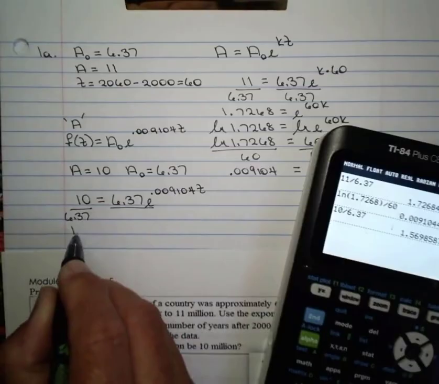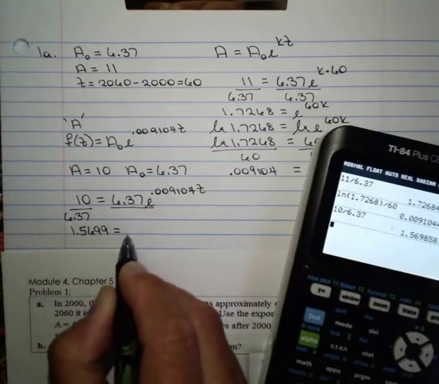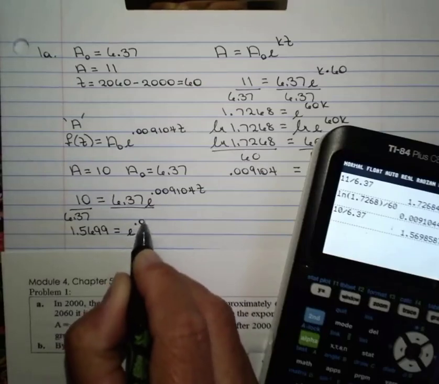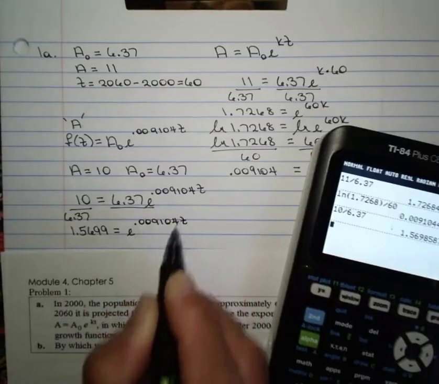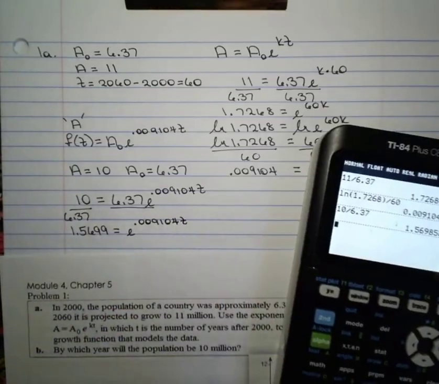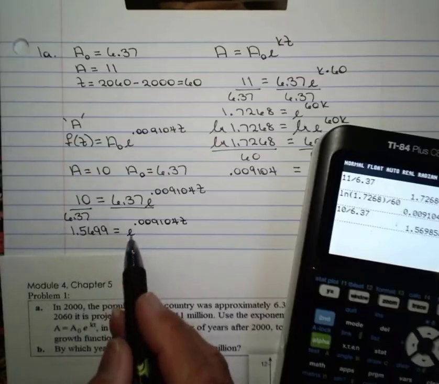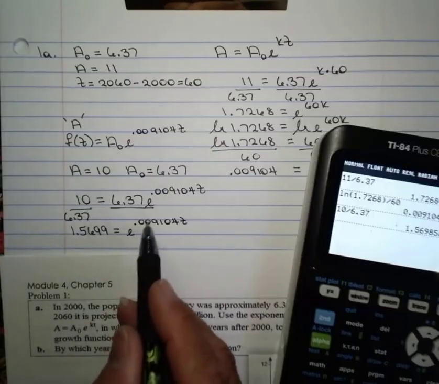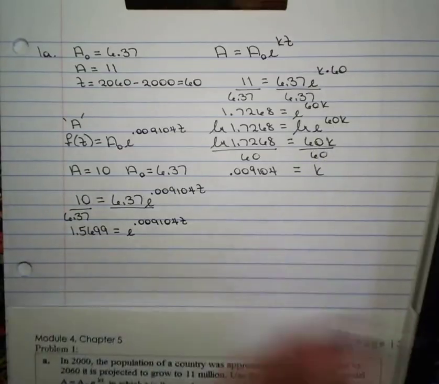So I've got 1.5699, and that's equal to e to the power of 0.009104 times time, the number of years. Only way to solve this is to take the log of both sides. And I'm going to use the natural log since my exponent is being raised from the power of e, right? From the base e.